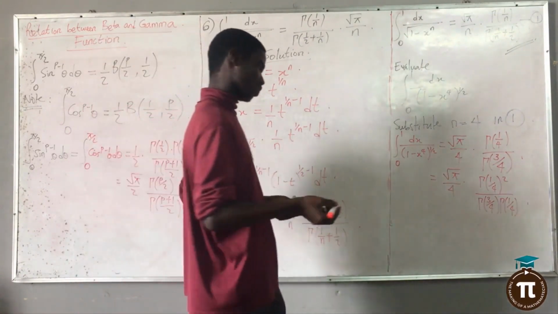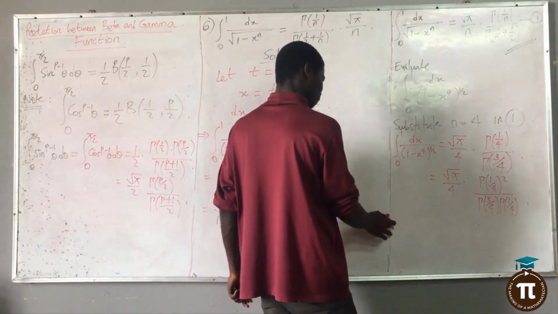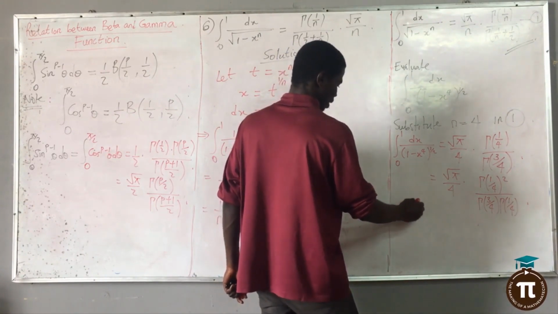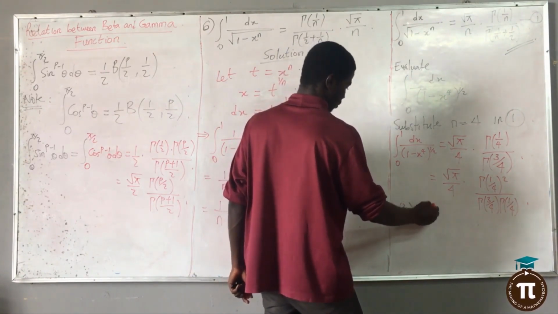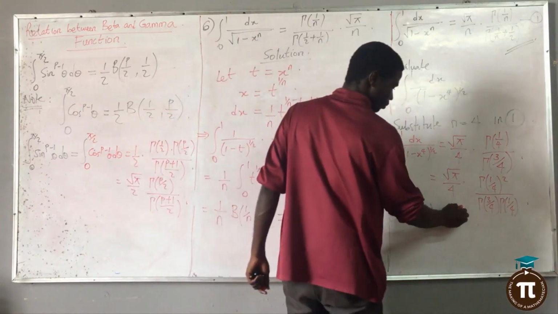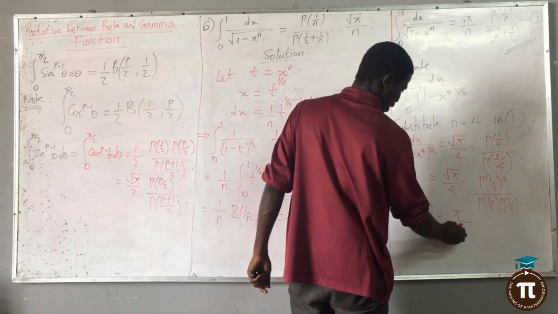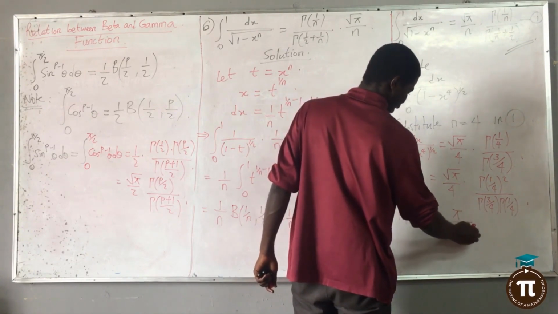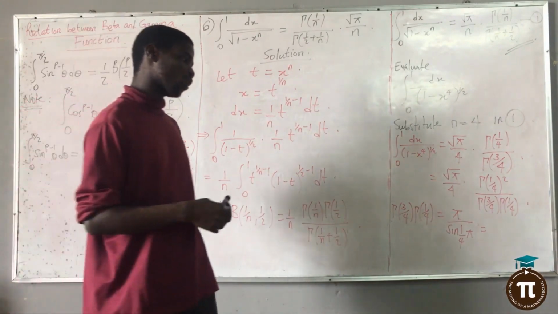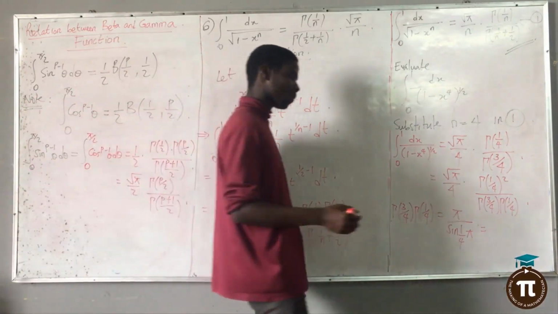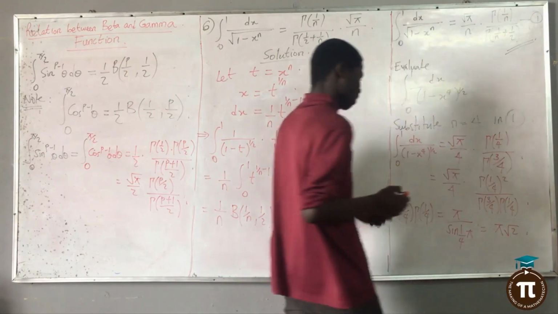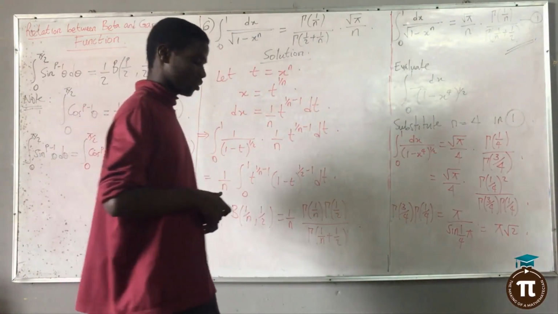Don't forget this one: gamma of 3 over 4 times gamma of 1 over 4 will be equal to pi over sine of pi over 4. Sine of pi over 4 is 1 over root 2, so this will now be pi root 2. That is what I'm going to obtain.